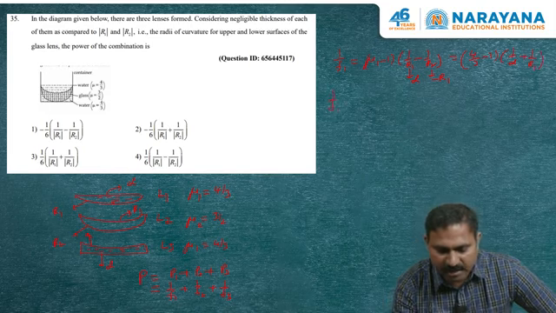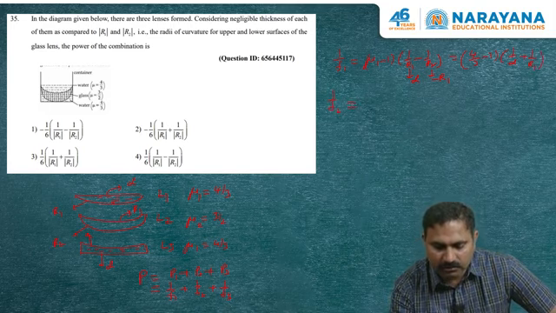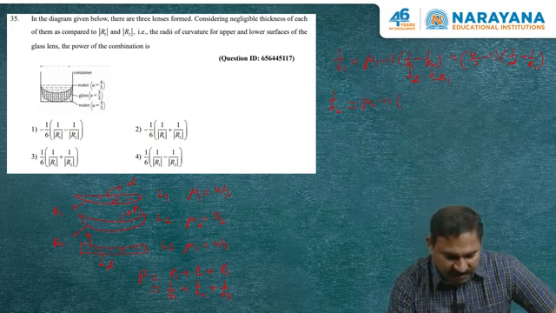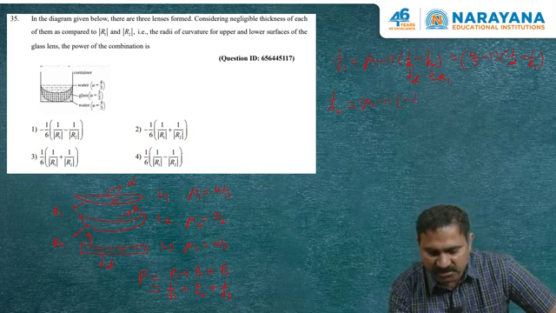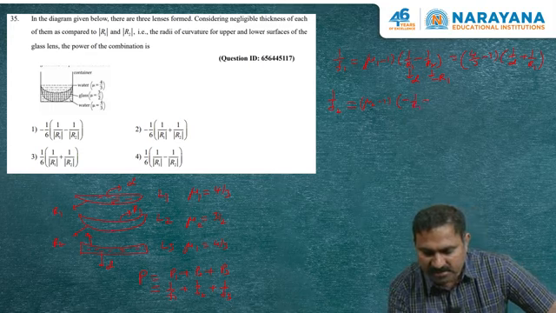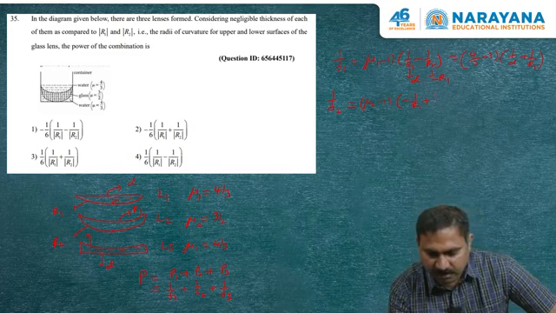Similarly, 1 by F2 equal to (mu 2 minus 1) into, for this 1 by R1 is R1 as usual with negative sign. So, this is minus 1 by R1, this is also negative. So, minus of minus plus 1 by R2, the value of mu 2 is 3 by 2.